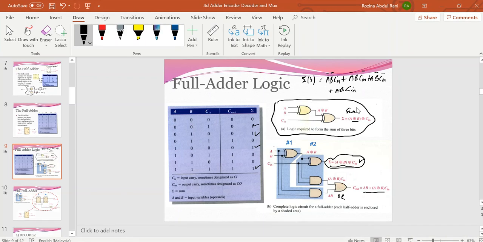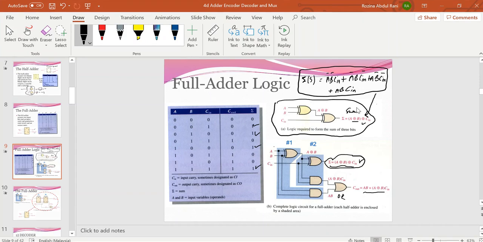If you simplify this Boolean function using Boolean algebra, you will get this kind of Boolean function.